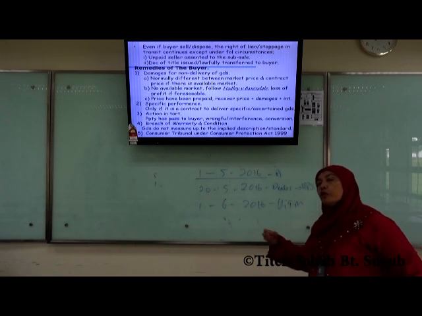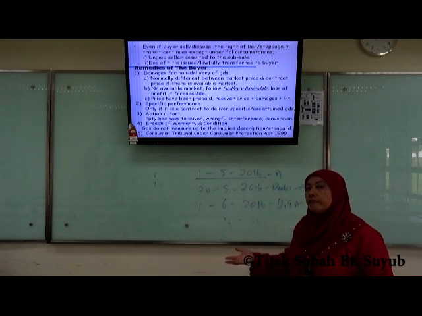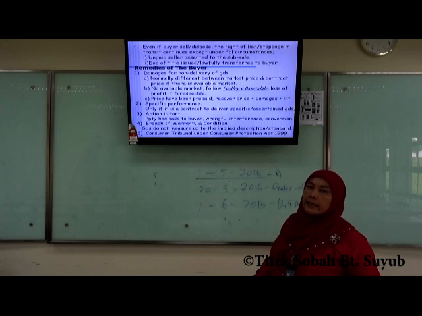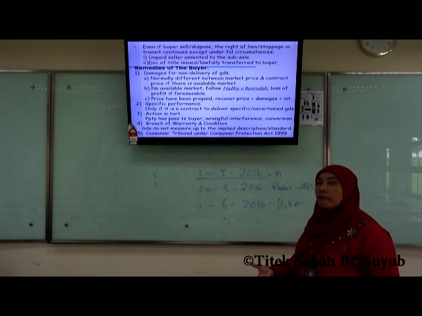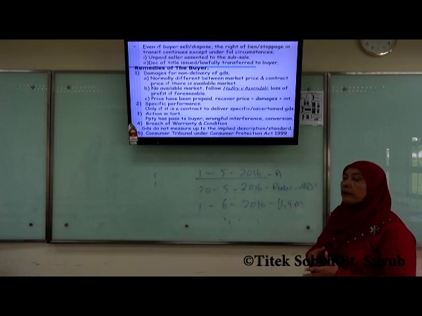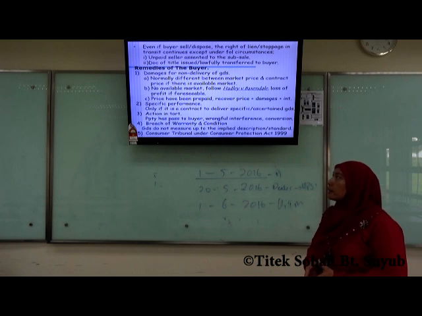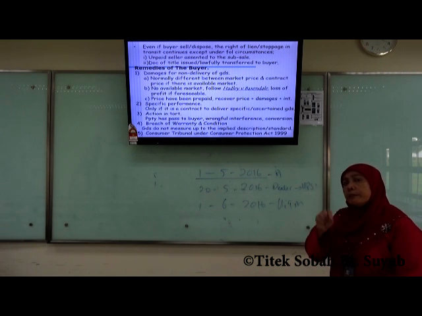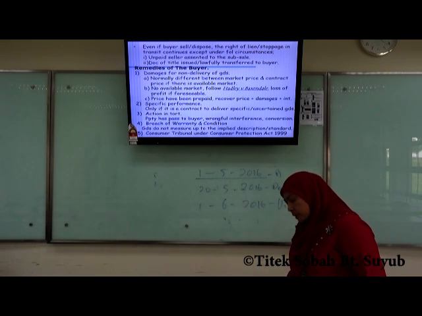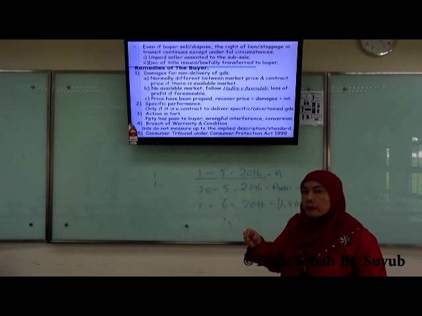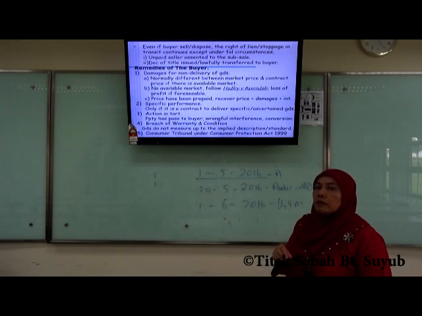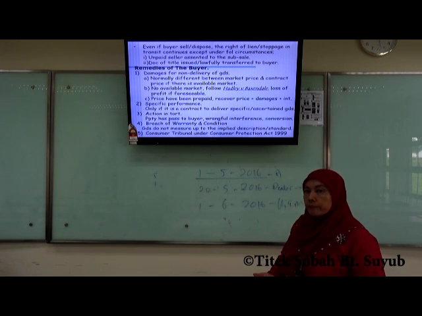If the seller refused to deliver the goods, non-delivery, then of course the buyer can claim damages. How much is the amount of damages? The amount of damages that can be claimed is the difference between the market price and the price at which the buyer bought the said goods.